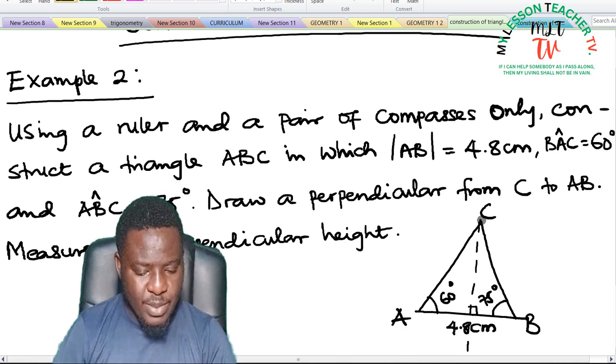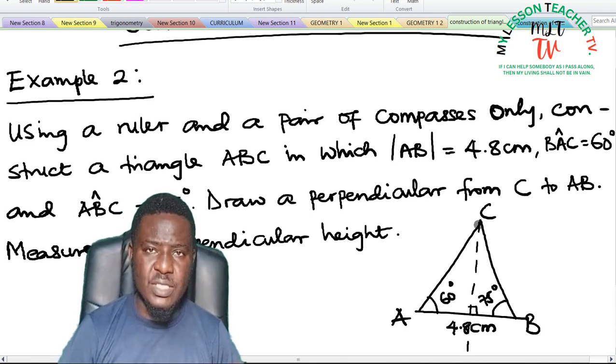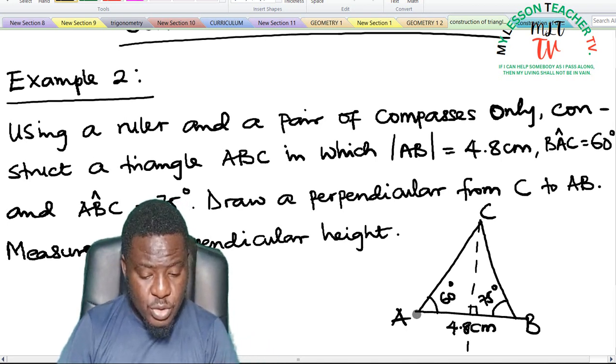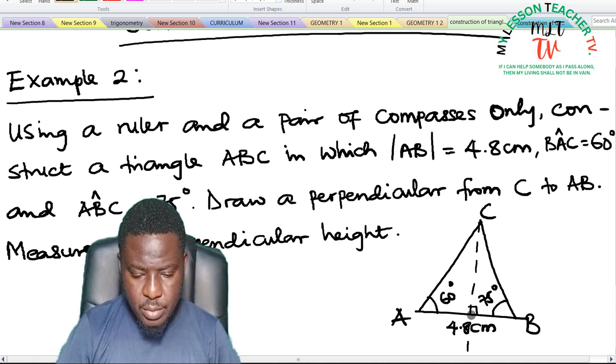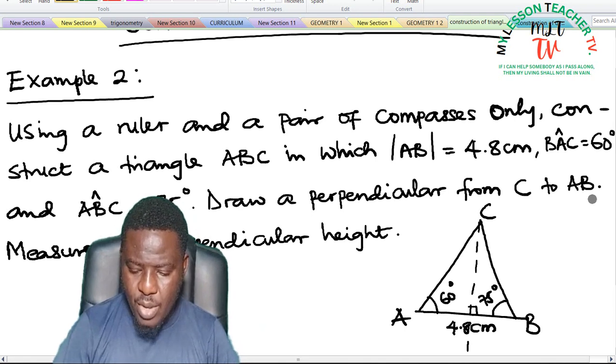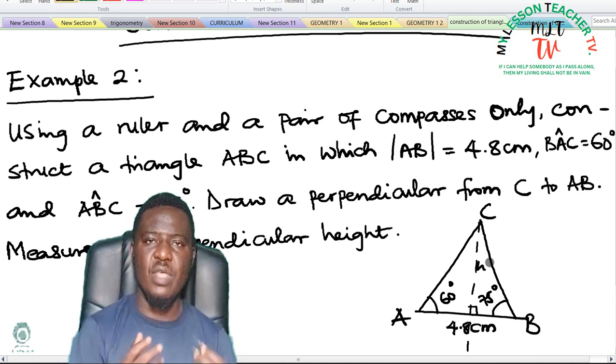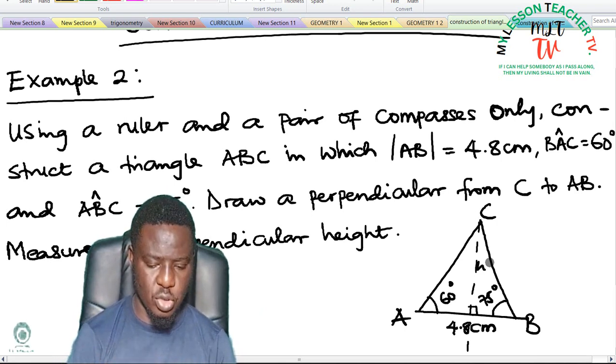They didn't tell us if it's a perpendicular bisector, but it is said to be a straight line from C. So it must be at 90 degrees with AB. So draw a perpendicular from C to AB, and we are to measure the perpendicular height. Let's call it H. So I now have a picture of what I'm asked to construct.